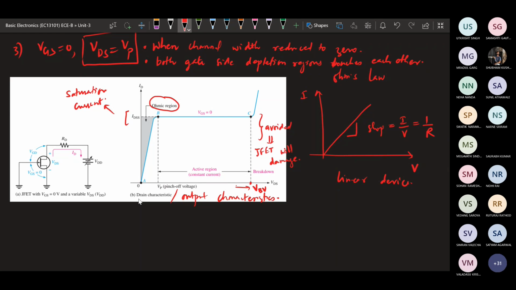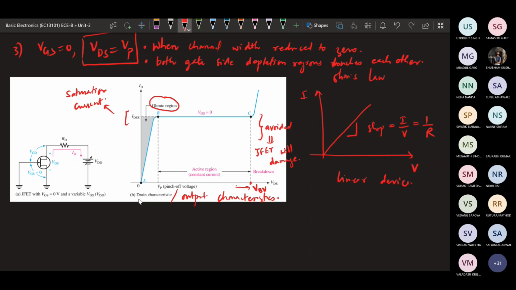Based on the pinch off region, as VDS increases, the drain current will be a constant current. So the drain current has become a constant current, and that constant current will be IDSS.